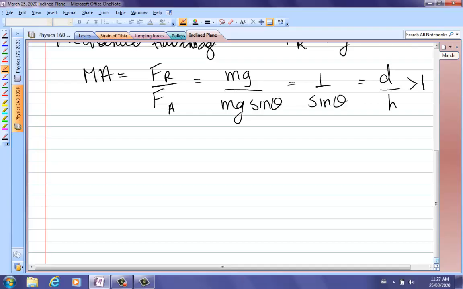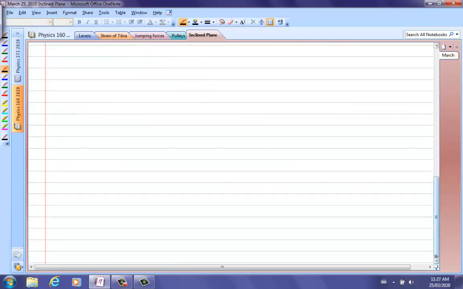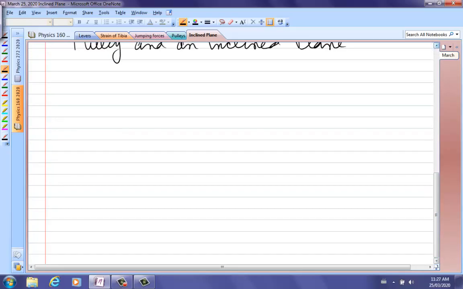Okay, now, if we were to have a combined system, remember we did pulleys last time, so let's look at a system that is a pulley and a ramp, an inclined plane, and see what kind of advantages we can get out of this. Okay, so we're going to put the inclined plane here.